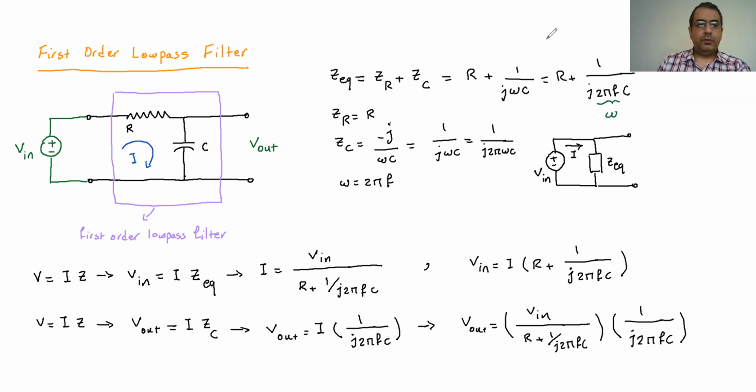So we know that the transfer function of the filter is just the output signal versus the input signal.